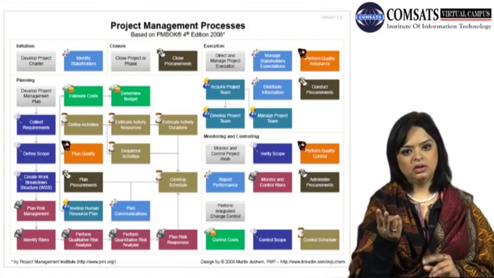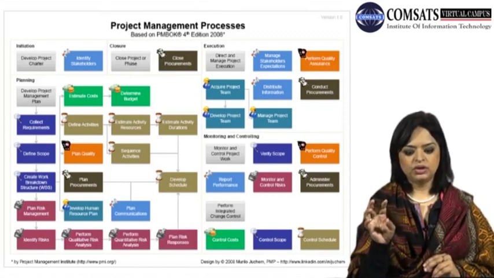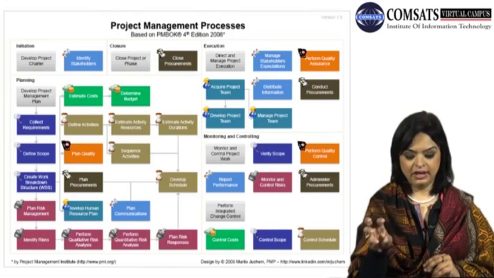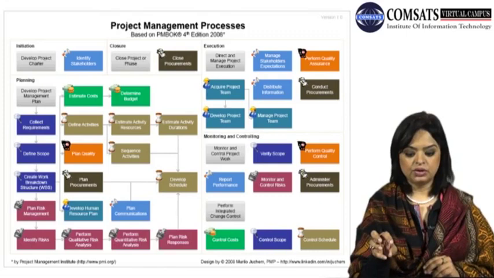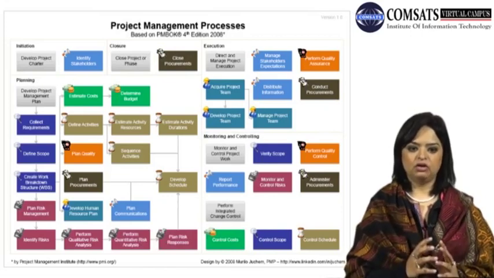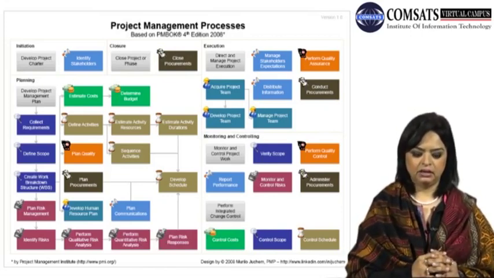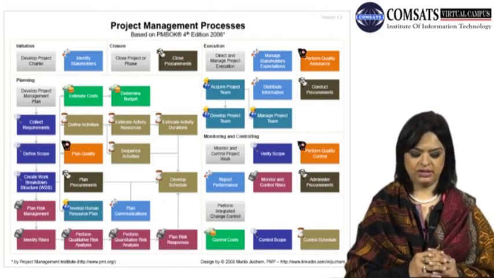Next to it, closure has 2. Execution has 8 processes out there. Monitoring and control have about 10 processes. But the biggest bulk of it is under the planning, which has 20 processes out there.